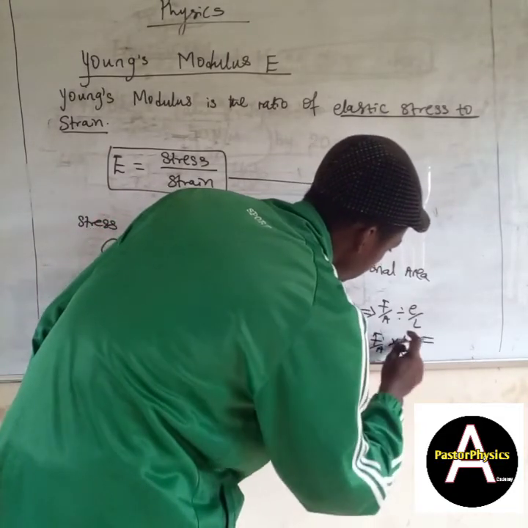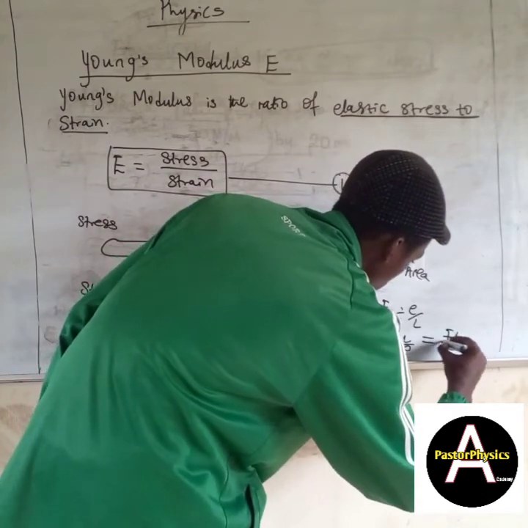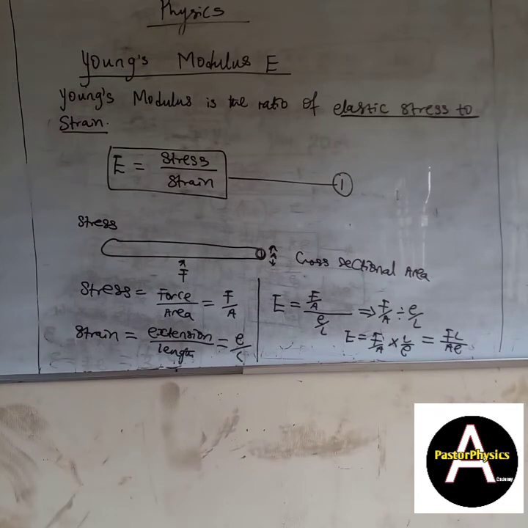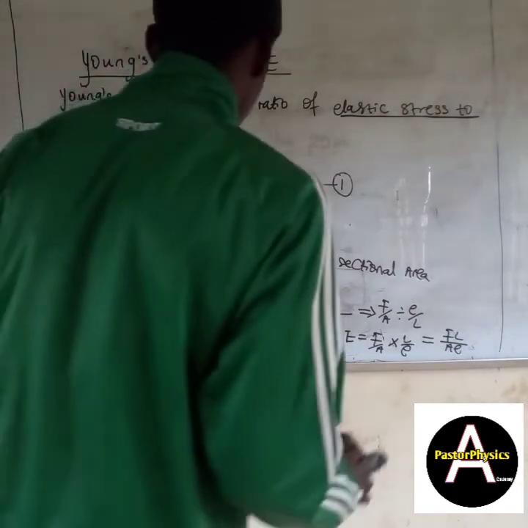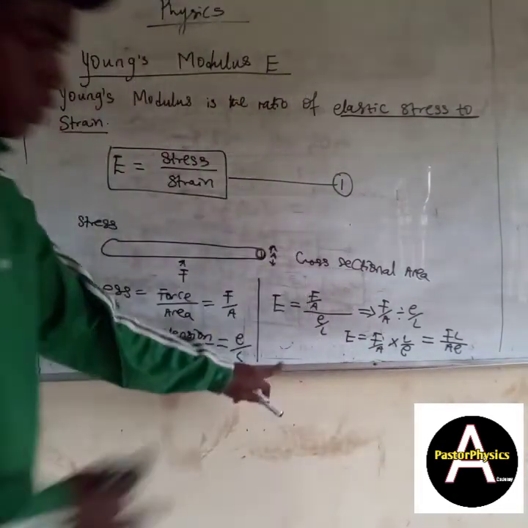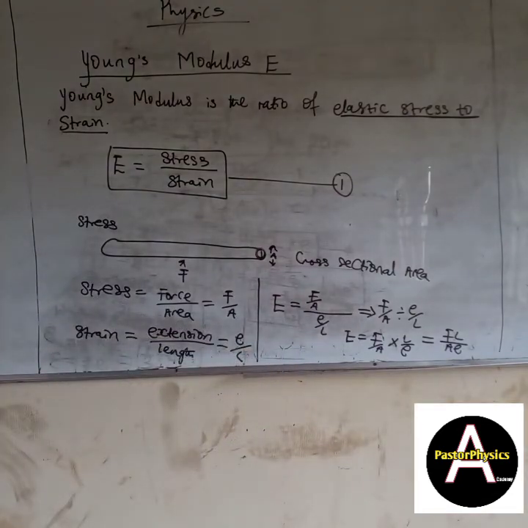That becomes F times L, FL, and A times e, Ae.